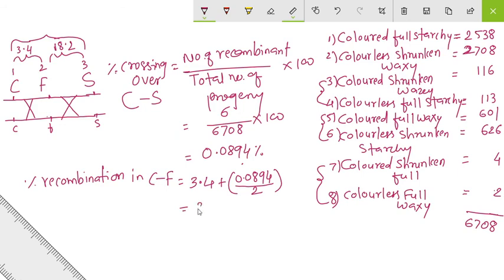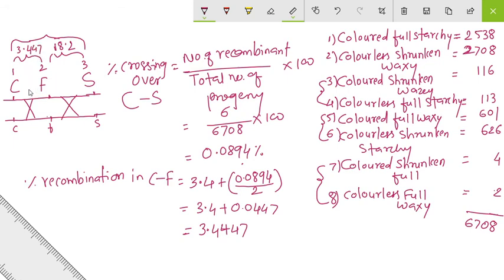So 3.4 plus this, 0.0447, results into 3.4447.